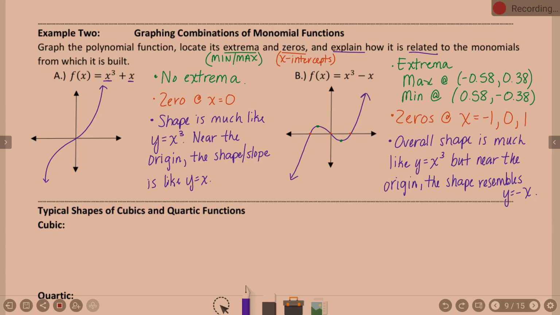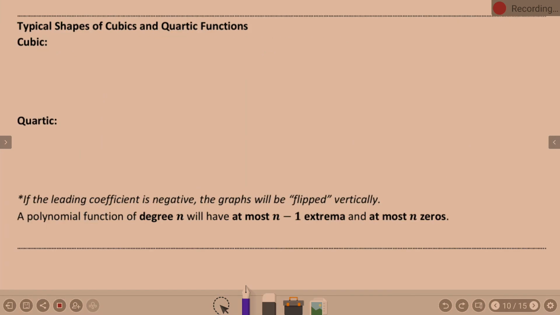Okay, real quick. At the bottom of this page, typical shapes of cubic and quartic functions. What's a cubic look like? What is a cubic, first of all? When we talk cubic, we're talking y equals x cubed, yes? What's the basic shape?